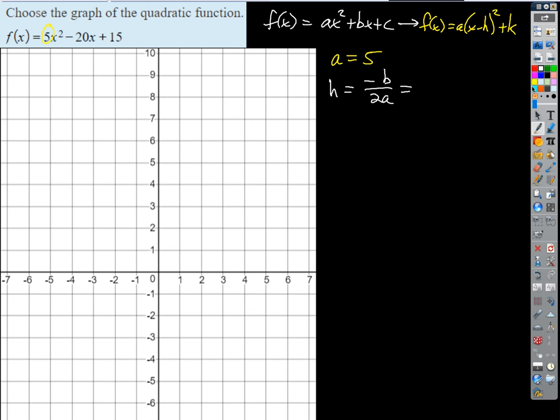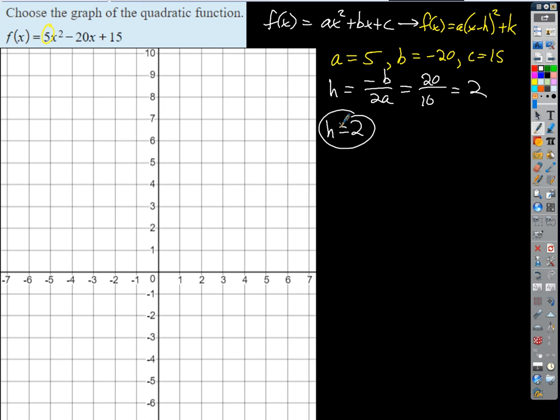So what do we get if we plug that stuff in? So what's B? Negative 20. What's C? Okay. So negative B over 2A is just going to equal positive 20 over 2 times 5 is 10. So it's 2, right? H is 2.